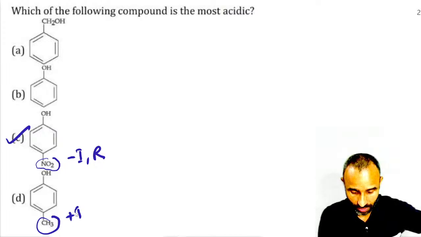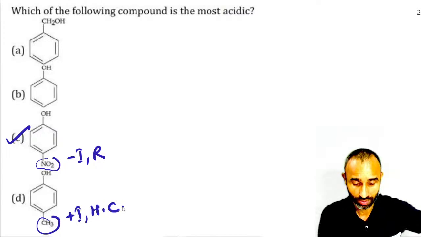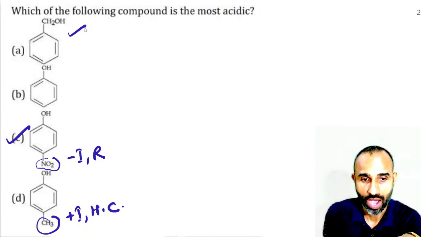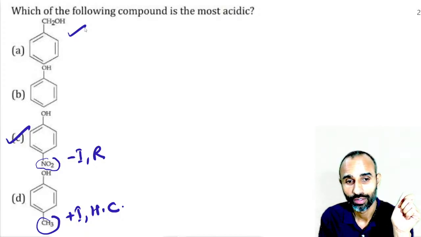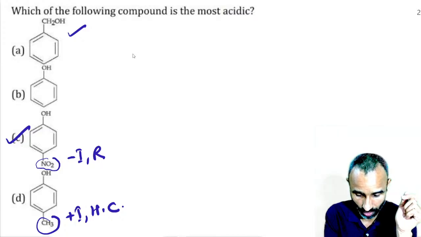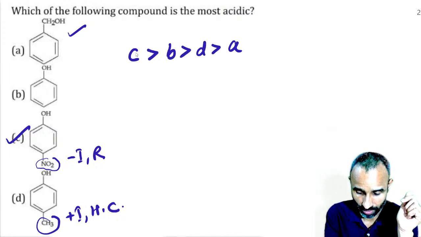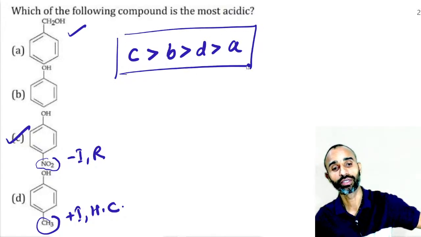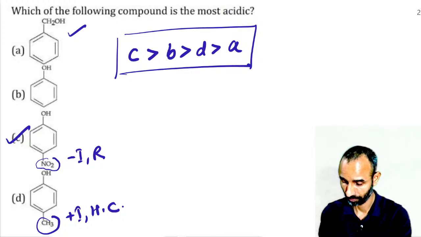Here it is plus I and hyperconjugation. In the first case it is an aromatic aliphatic alcohol, benzyl alcohol. So if we see the order, C is more acidic than B, B is more acidic than D, and which in turn is more acidic than A. So this is the order of acidic strength. Understood, sir.